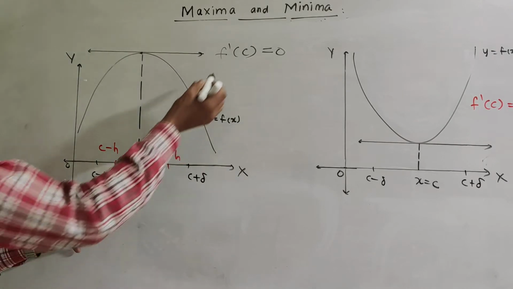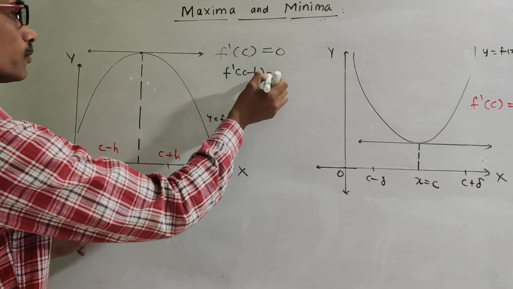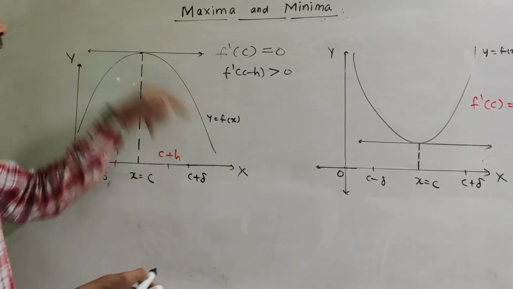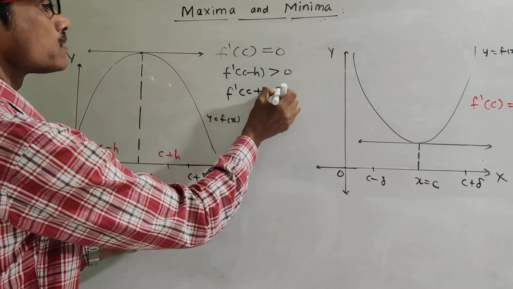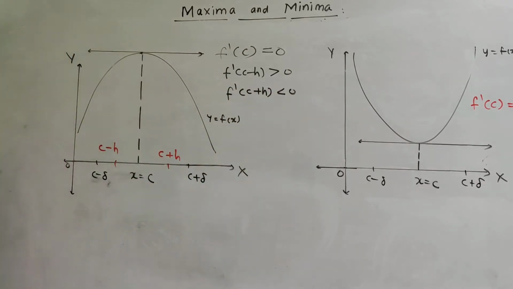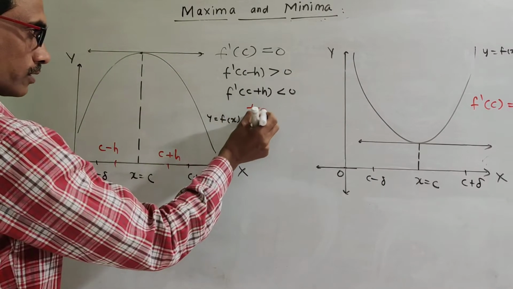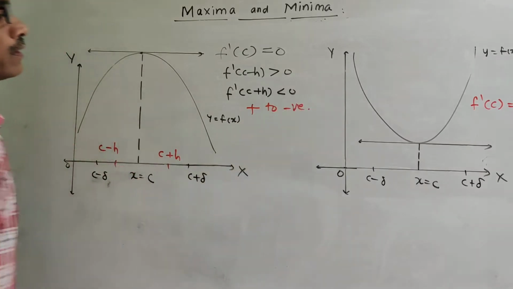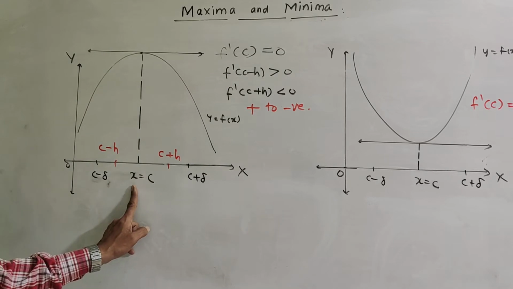See, f dash of c minus h is positive because the function is increasing over here, and here the function is decreasing, so f dash of c plus h is negative. This means the first order derivative changes sign from positive to negative, so here the function attains maxima at x is equal to c.